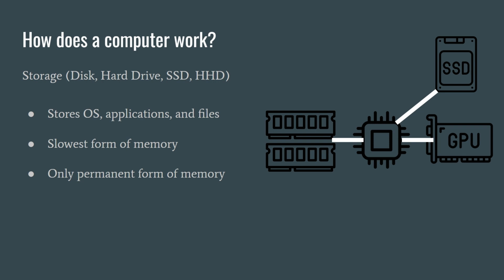That's where you have the operating system, all your applications, and all your files, stuff like your photos, your games. That's all stored permanently in the storage. And then in runtime, while your computer's on, some of those applications and files will get loaded into RAM to be used by the CPU.